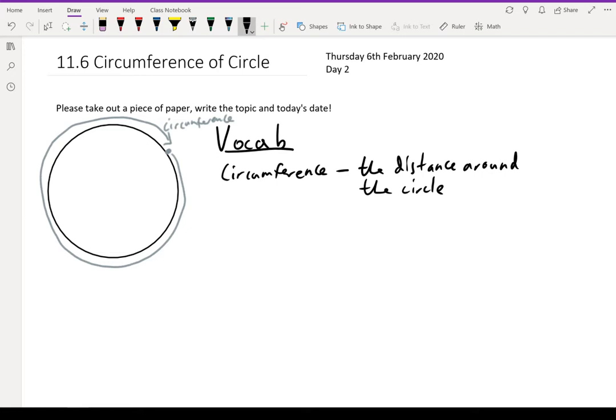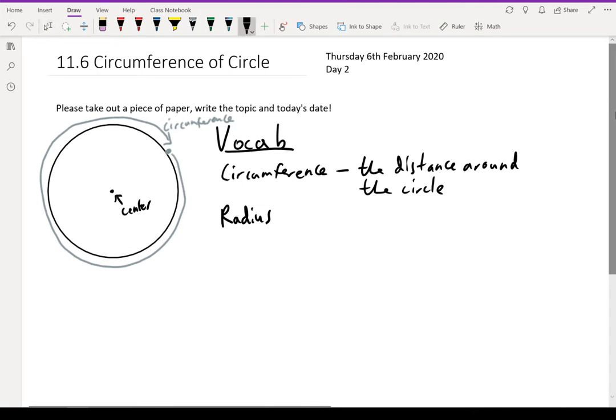Now, the second thing I want to talk about is the radius. Now, for the circle, let me just put a dot right in the center. I hope it's the center, or close to the center. I don't have a ruler, so it doesn't really matter. Let's just imagine that this is the center of the circle. Let me put a center.